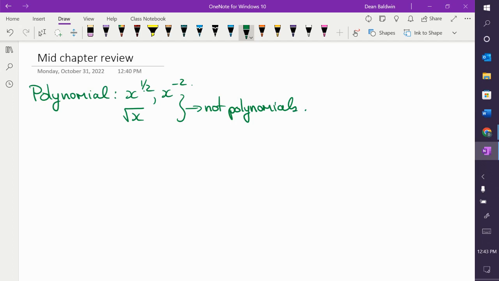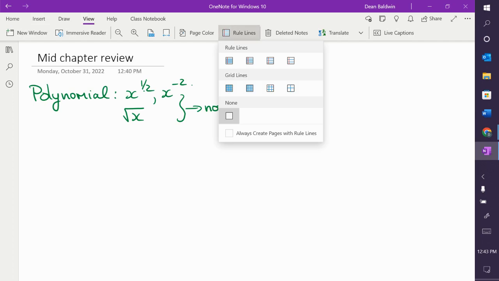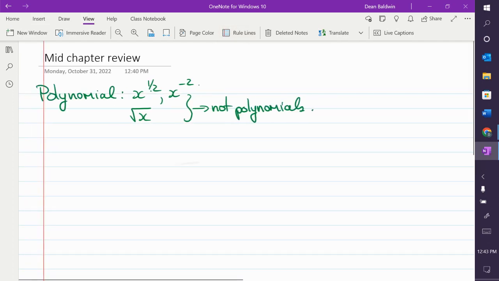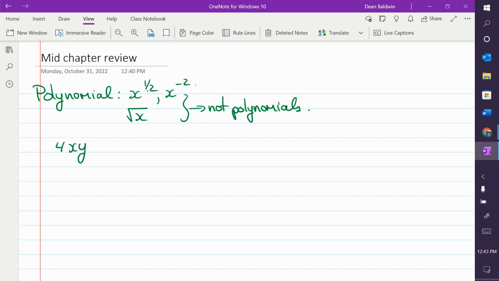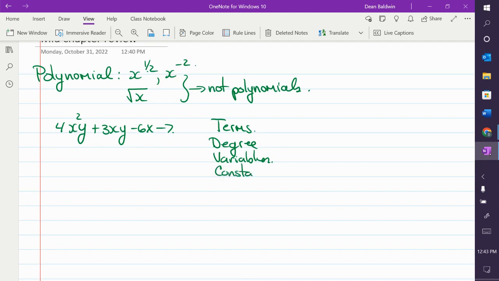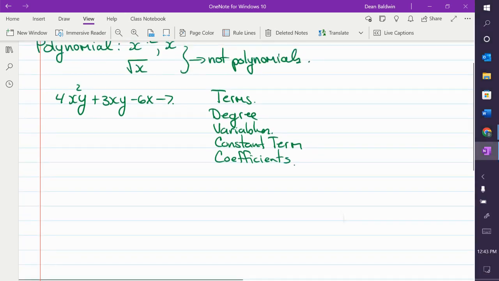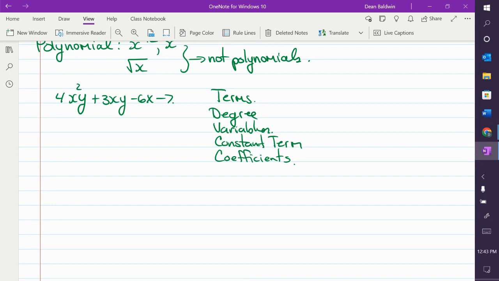Okay. If I have this expression with coefficients, all right, there's our polynomial expression because there's no negative exponents or fractional exponents.